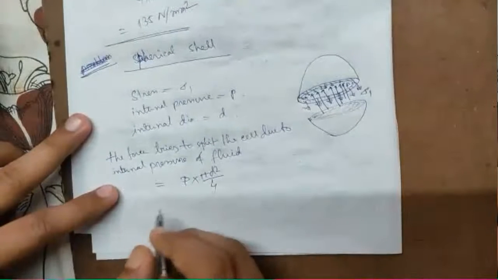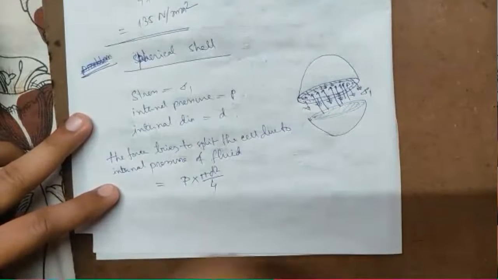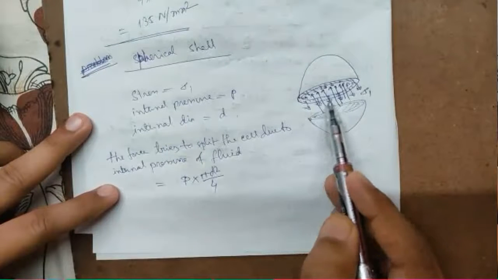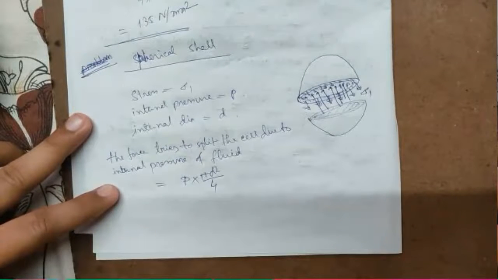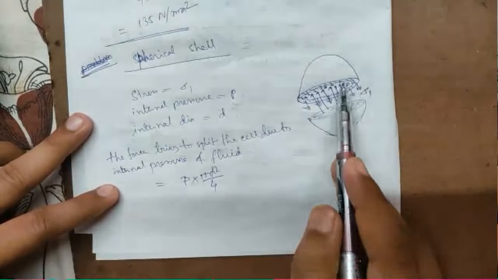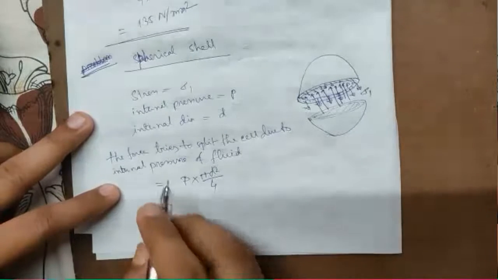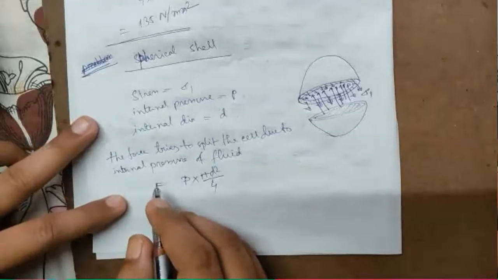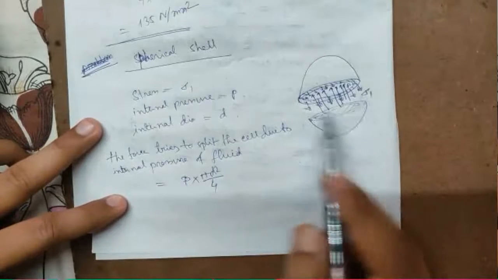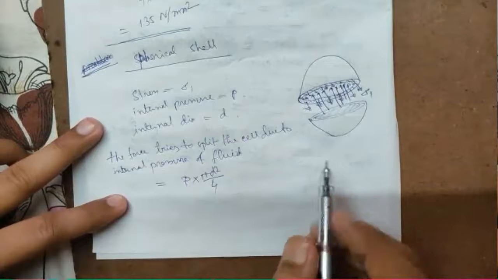Now the area which is resisting this force is equal to pi d into T. So this circumferential stress or hoop stress can only be found here.